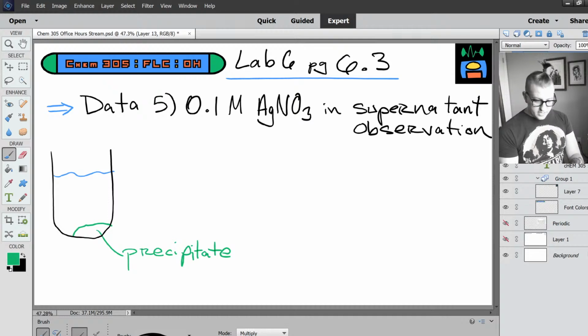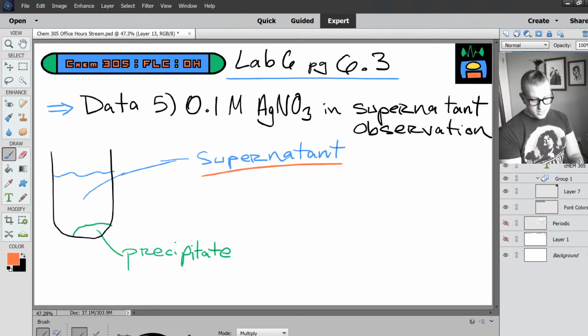And the liquid floating above the precipitate is called the supernatant. In this part, you don't have to do a calculation.